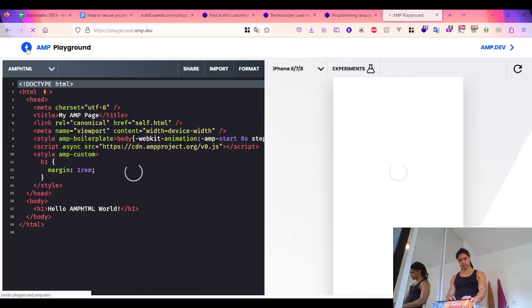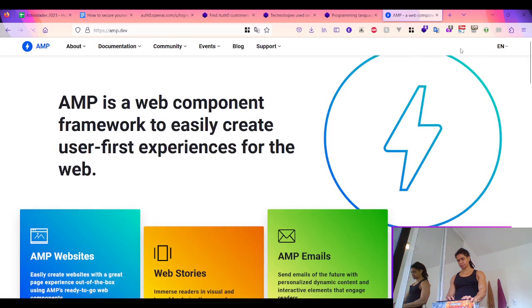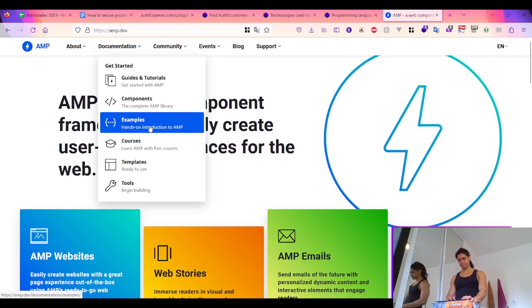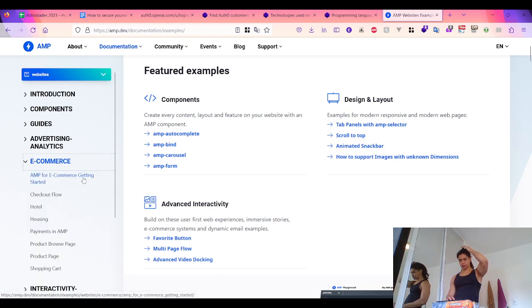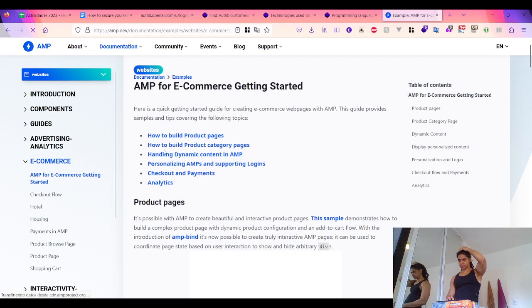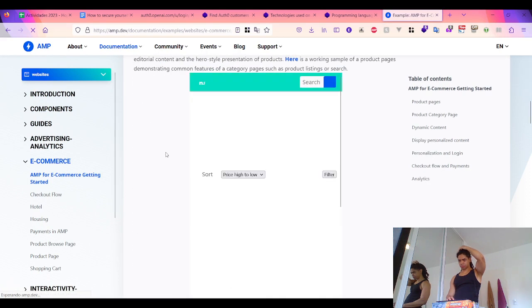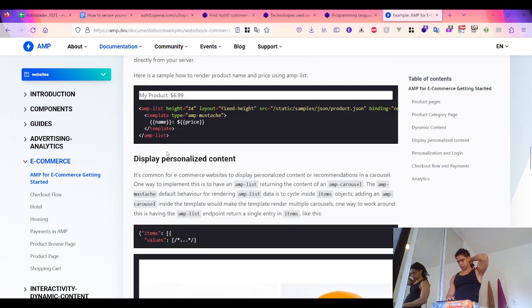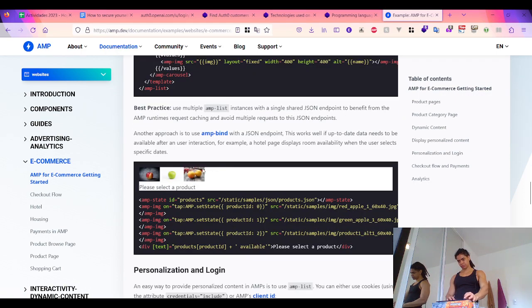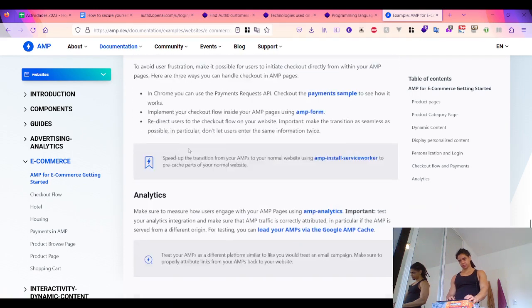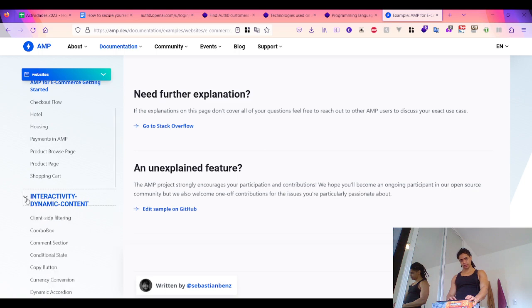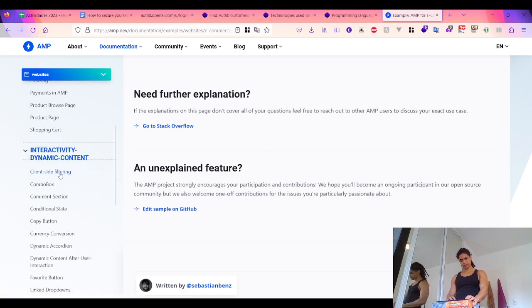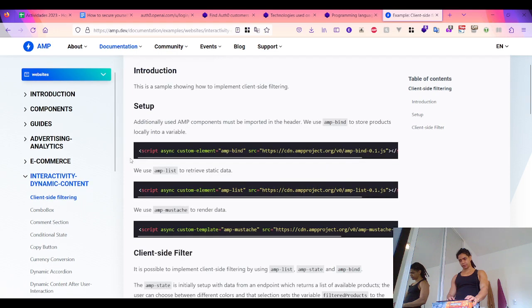Oh, come on, I just want to go back. Interesting. They also provide an e-commerce for that. Getting started. Interactivity, dynamic content, client-side filtering.